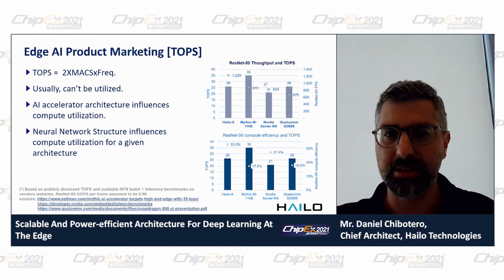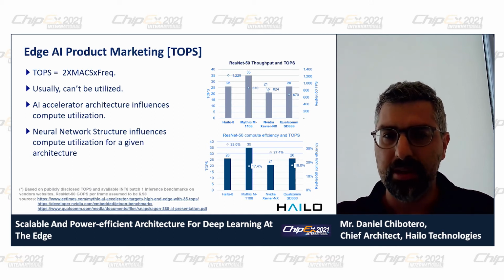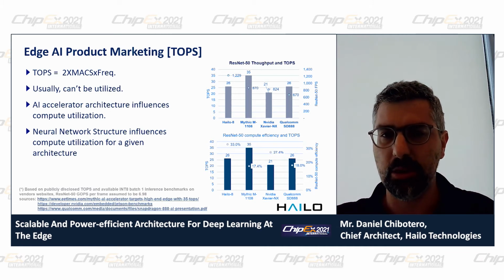So here on the right, you can see 4 products for AI accelerators, the Hailo 8 with 26 TOPS, the new Mythic product with 35 TOPS, the NVIDIA Xavier NX with 21 TOPS, and the Qualcomm Snapdragon 888 with 26 TOPS.